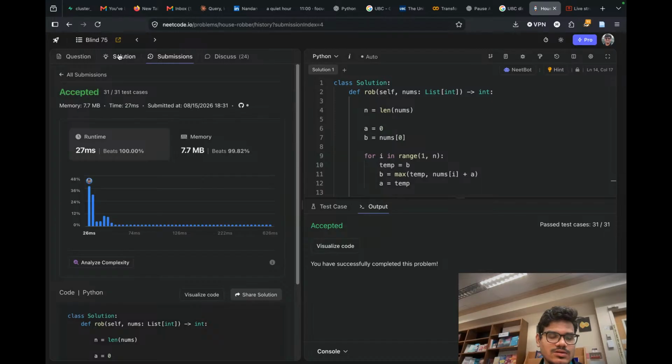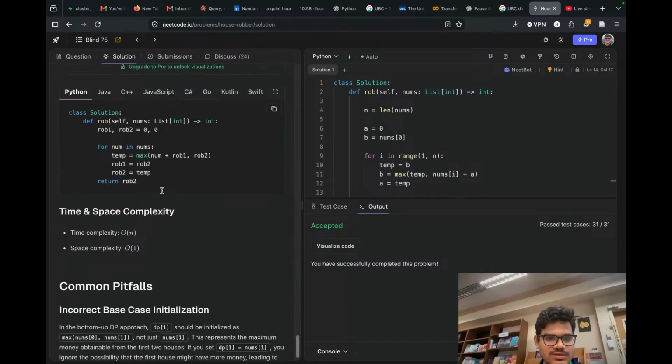Wow. So let's check with the solution. So they assign both to be 0. They are also going through both of the indexes, and then at each point, the temp is the max of both, yeah, it also works.